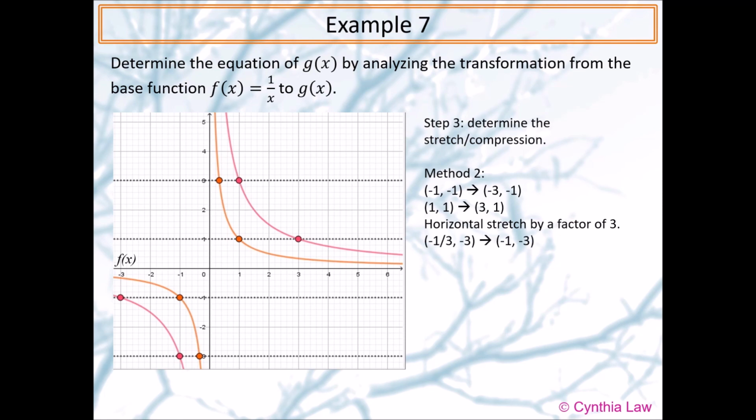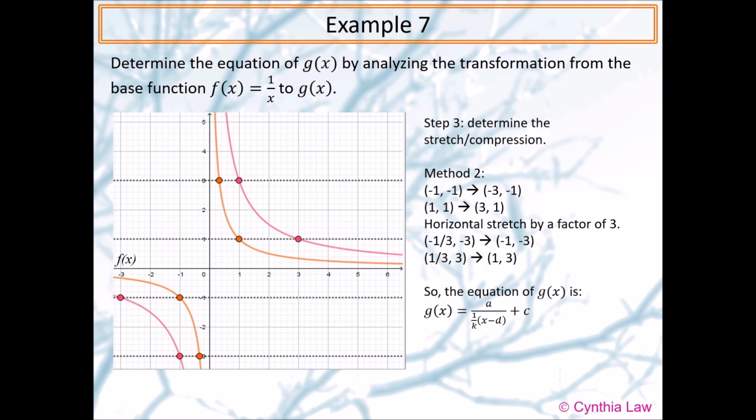Checking with the other two sets of points, the point -1/3, -3 would give us the point -1, -3 after the horizontal stretch. For the other one, we start from 1/3, 3, and we end up at 1, 3. So working out the equation of g of x, we have the same general form as method 1.